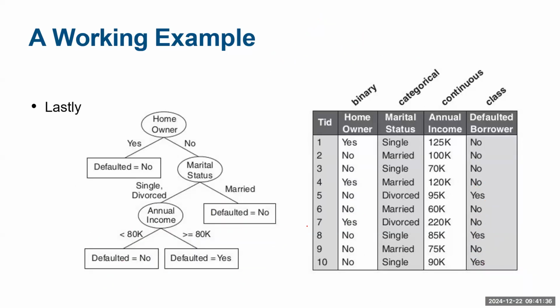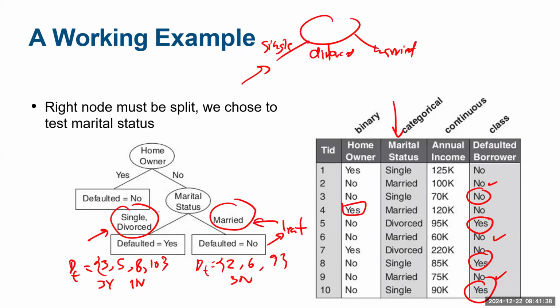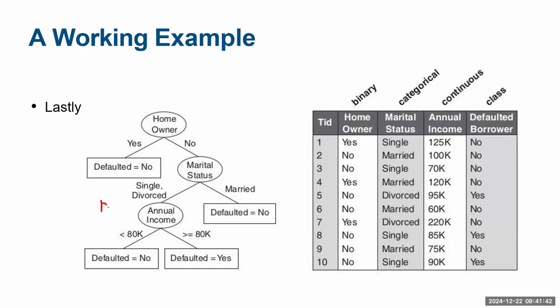So let's say I split. So DT here is 3, 5, 8, 10, and this gives me 3 yes, 1 no, and then I split it even more.